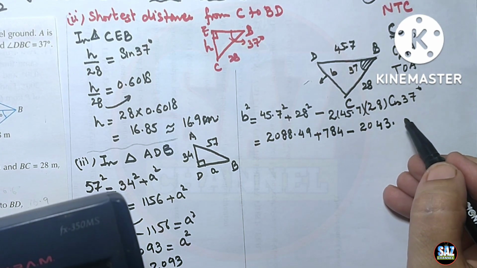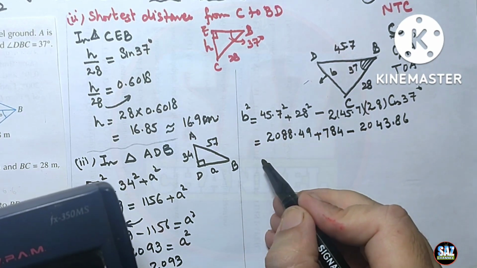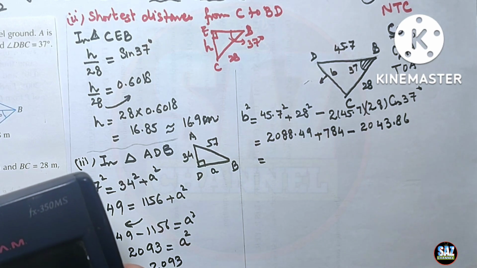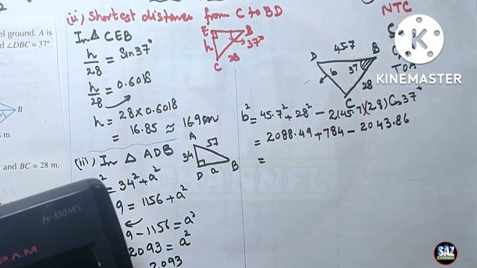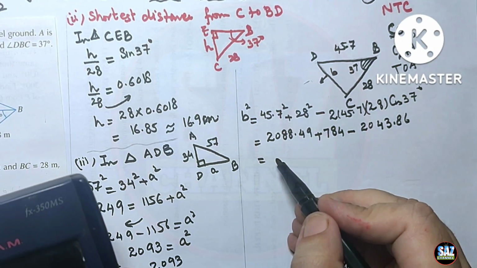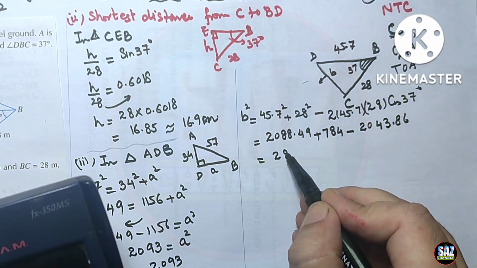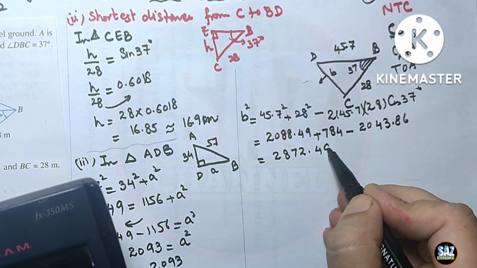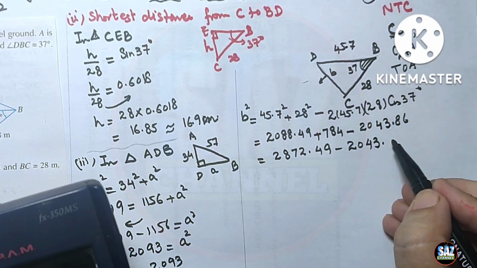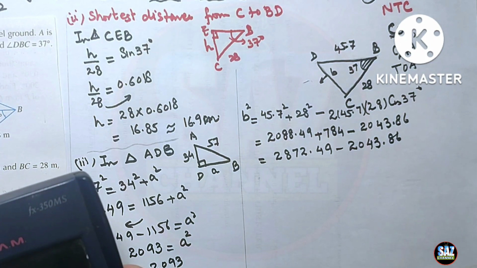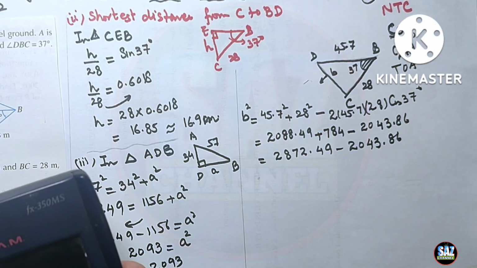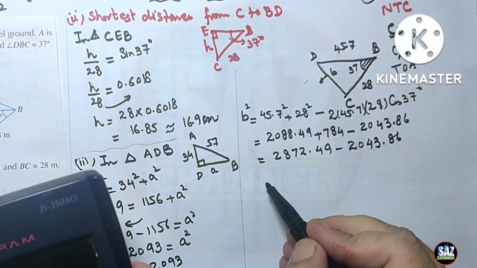Now first I have to add 2088.49 plus 784. This gives me 2872.49, minus 2043.86. I have to take away 2043.86. This gives me 828.63.